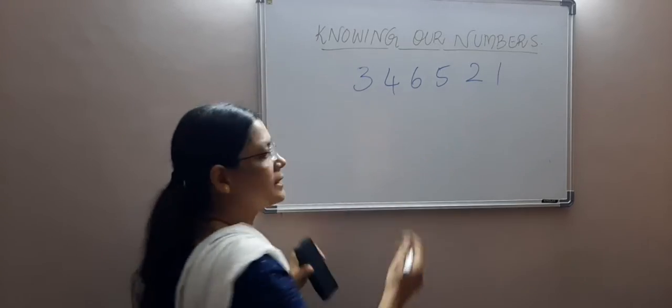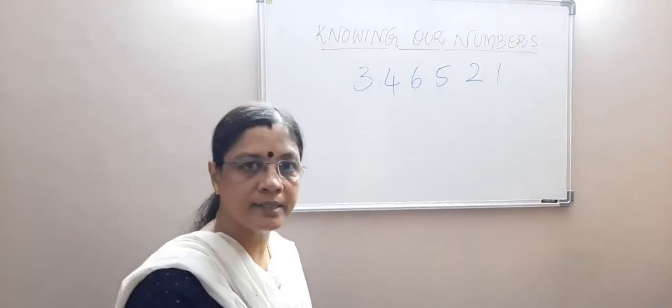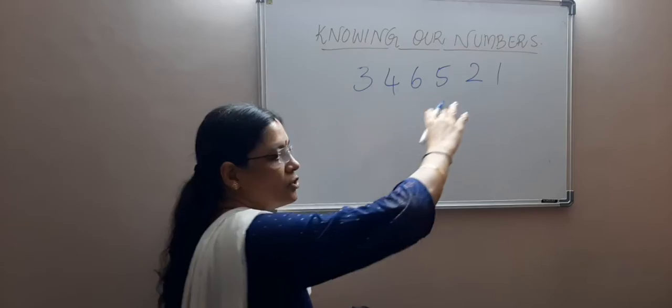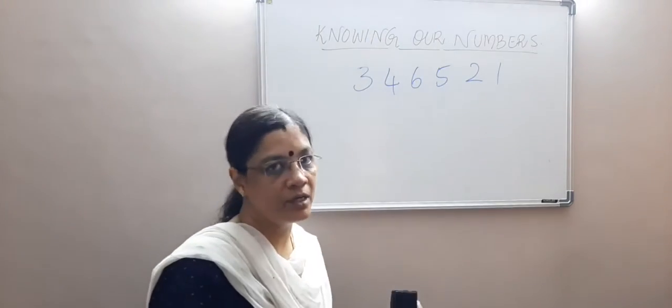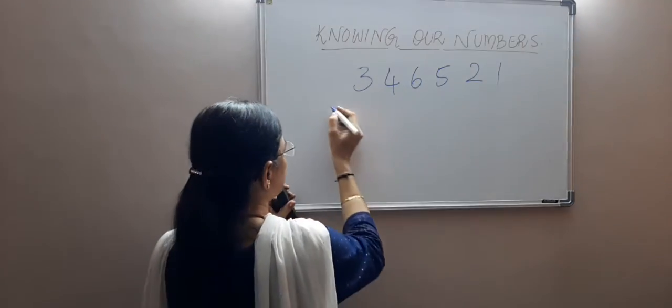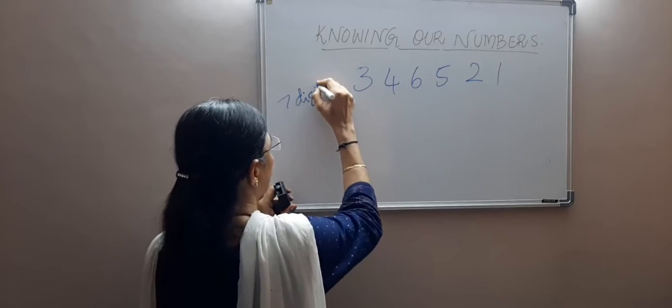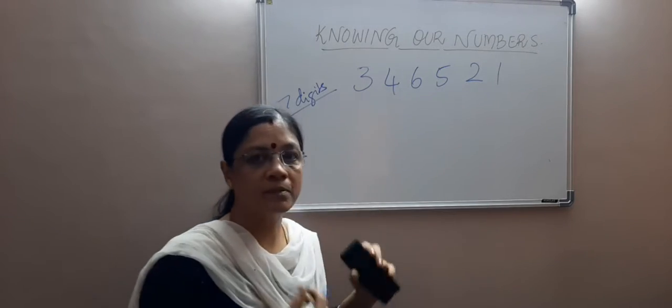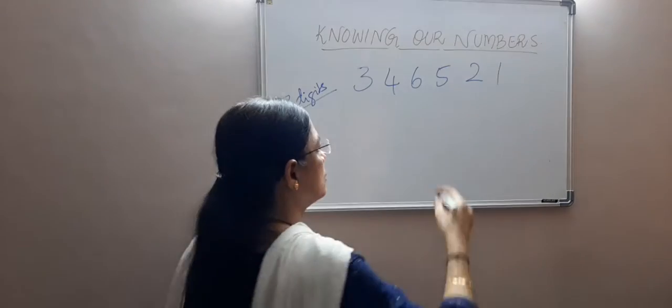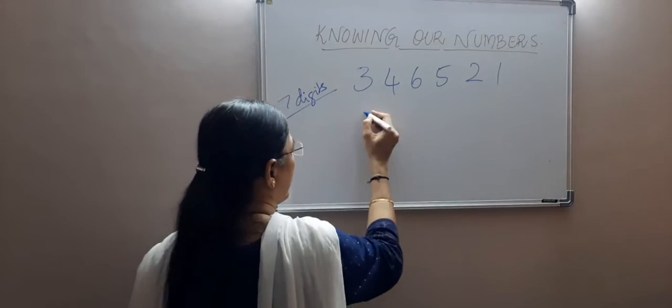I need to build the smallest number with the 6 digits, but it should have 7 digits. That should be the smallest and the greatest. So what is the smallest digit here? 1.